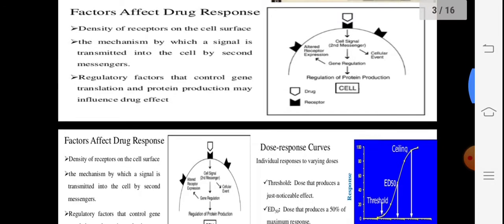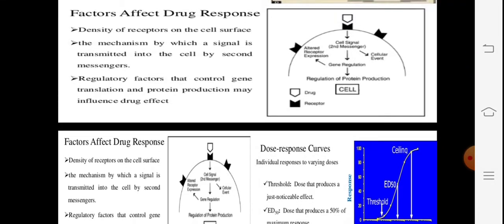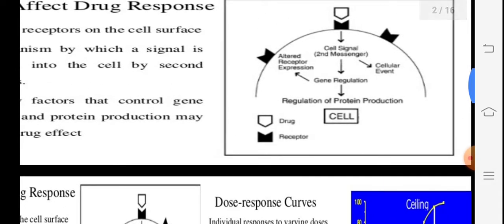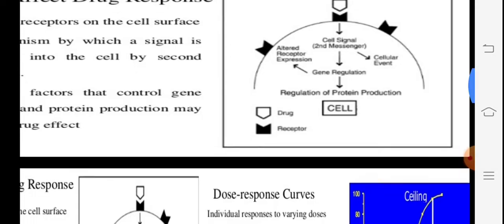Then factors affecting drug response are the density, then mechanism of transmission, then regulation factors. Here, suppose there is a cell signal, a receptor, or regulation of protein production. So the drug and the receptor are important.